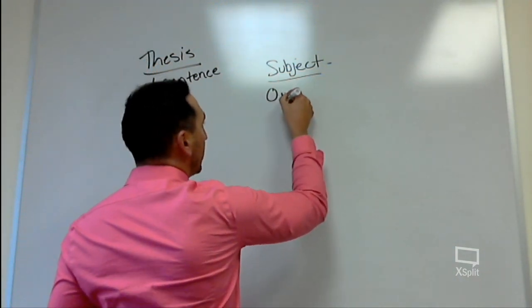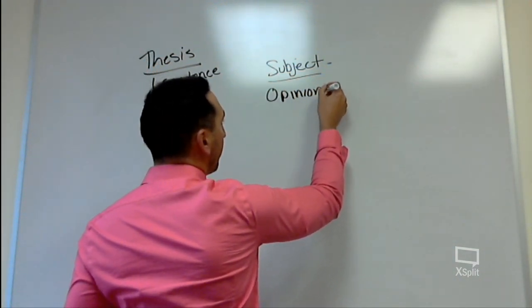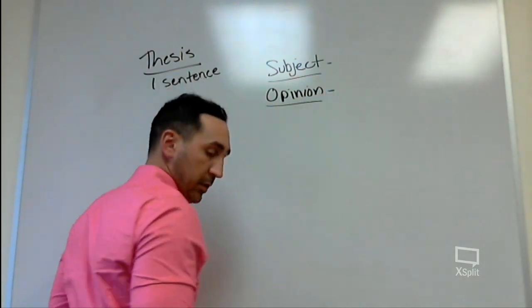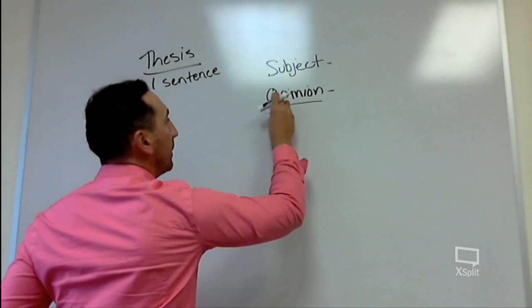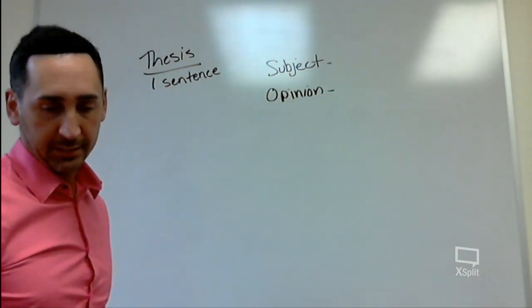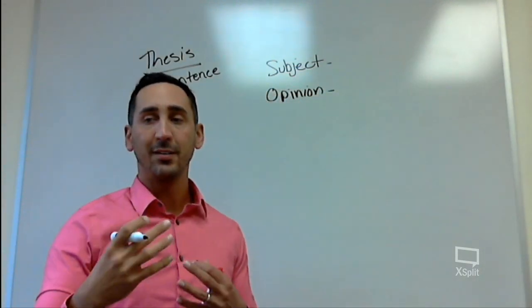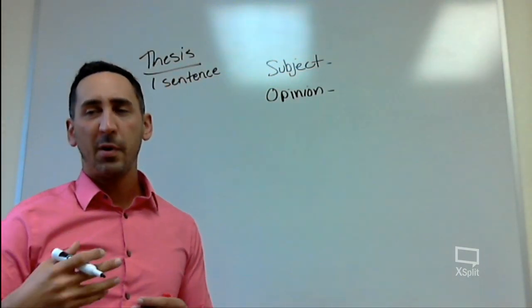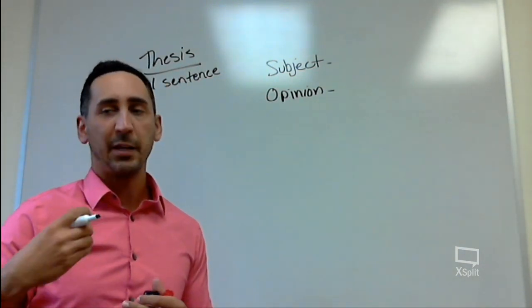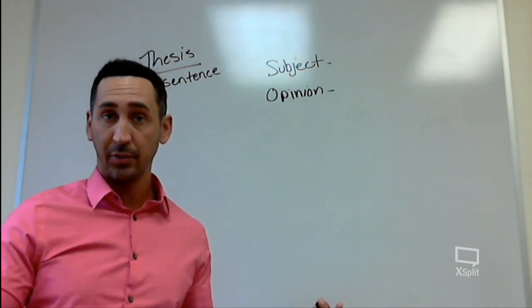Then you also have the opinion. I'm going to erase these bottom lines because they're going to get in the way. Every academic essay you write should have your opinion somewhere embedded in there. A lot of people ask, how am I arguing my opinion if I can't use I, me, and my, because you can't have personal pronouns in your essay?